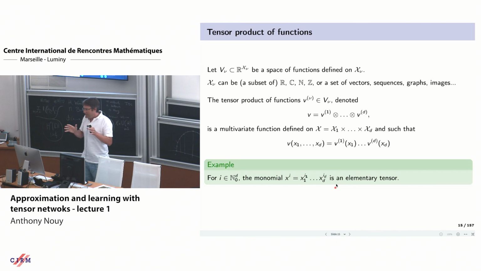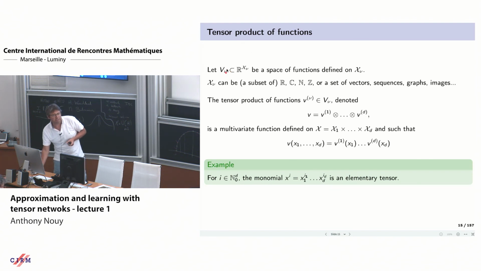Okay, now I was essentially talking here about tensors defined on a finite index set. Now we can have exactly the same introduction of tensor product of functions. So now I consider a space V_nu, which is a space of functions defined on some set X_nu. Nu represents a particular dimension, a particular mode of my tensor.